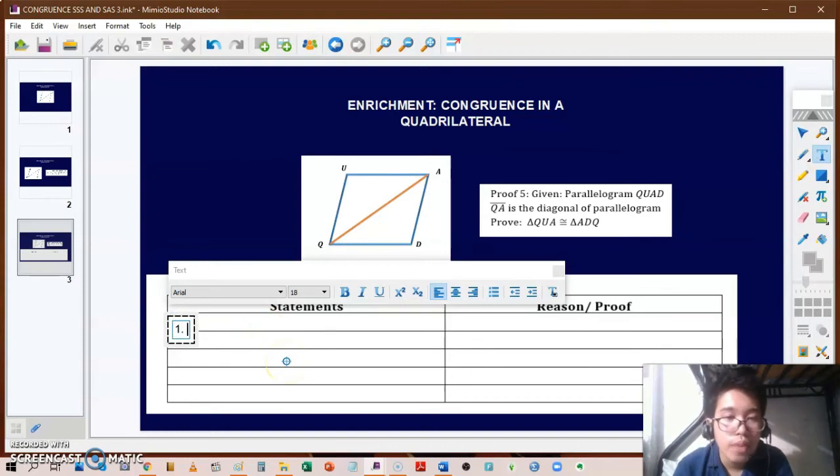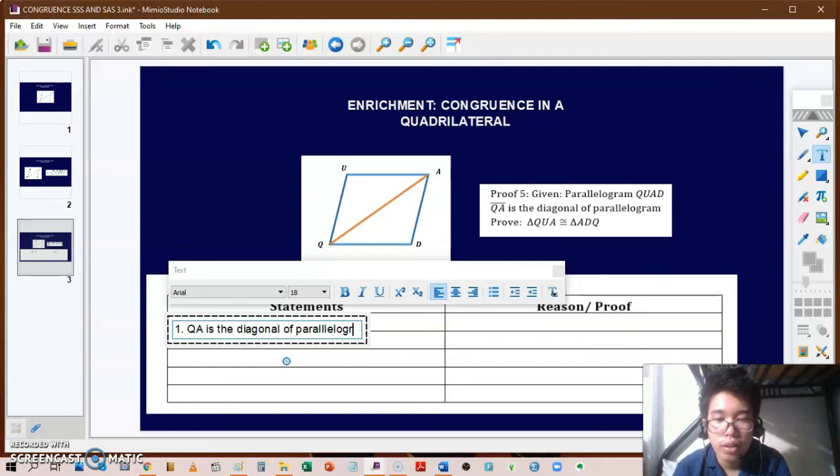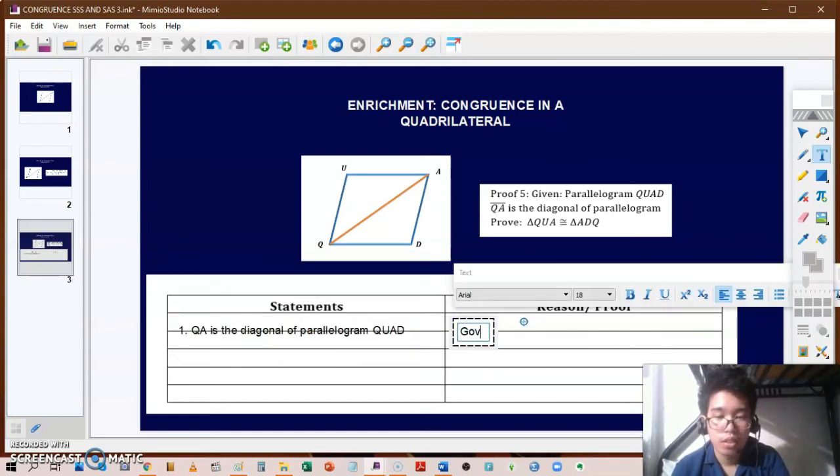The first one: QA is the diagonal of parallelogram QUAD. From there, we can simply state that as a given.